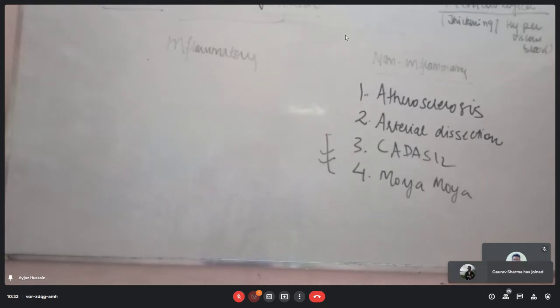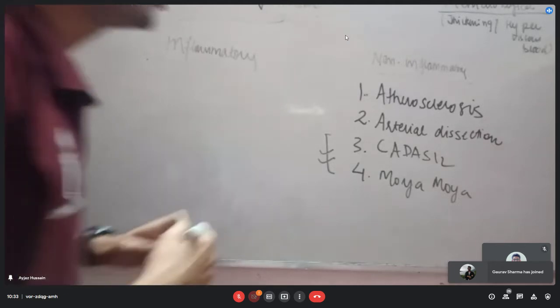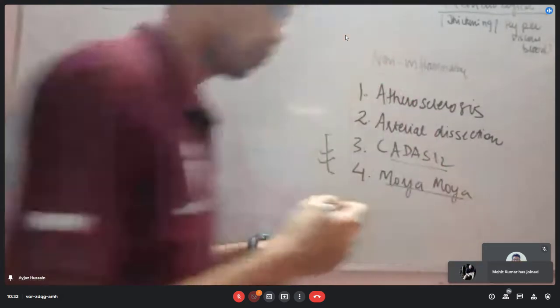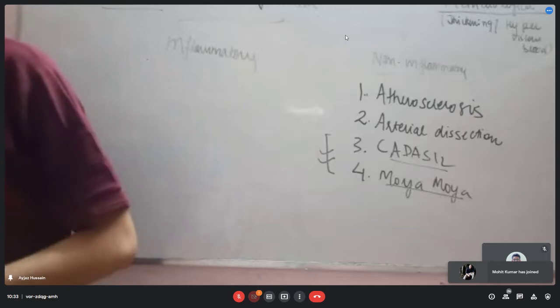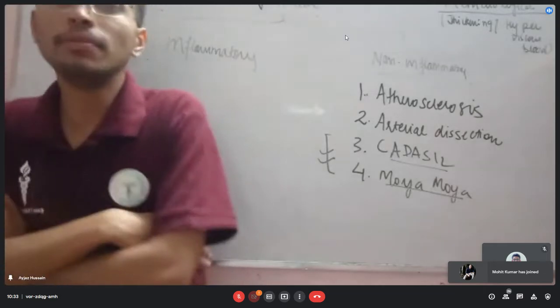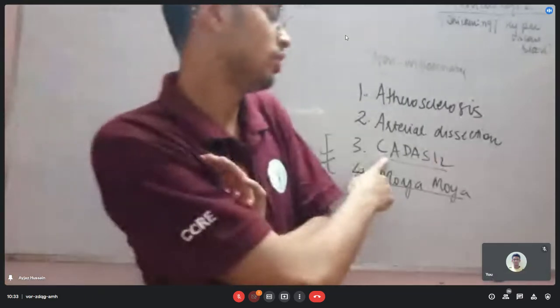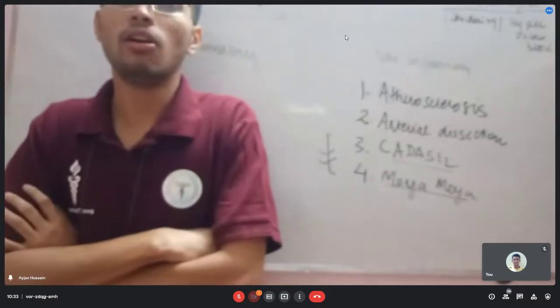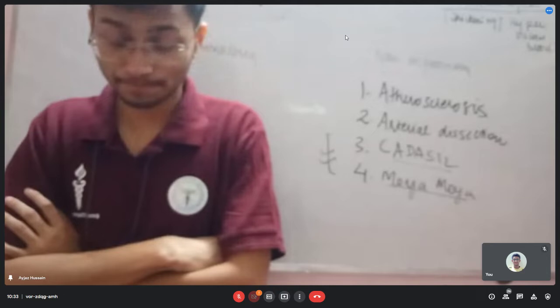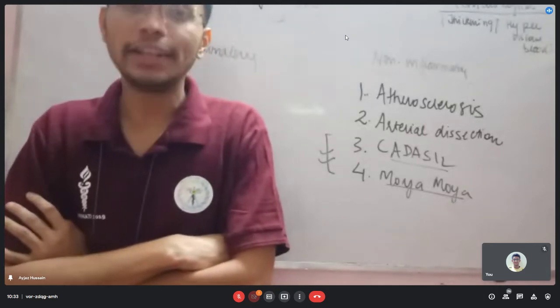Okay. All right. Next thing we need to know: what is CADASIL and what is moyamoya. Please make a note of CADASIL. The full form is cerebral autosomal dominant arteriopathy.